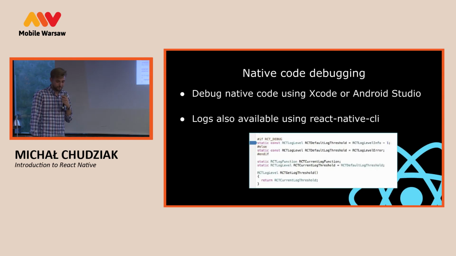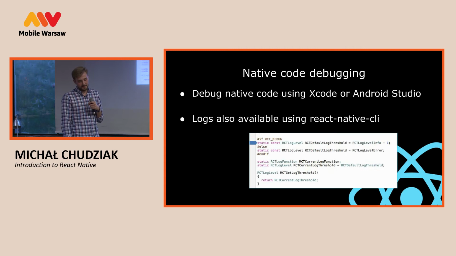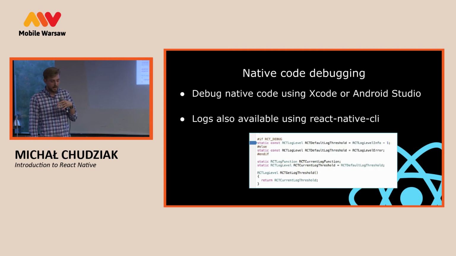So like I said, sometimes you have to debug the native code. So this is where actually you have to run your Xcode or Android Studio, or actually you can see the logs using React Native CLI, but they are not very readable compared to the ones from Android Studio or Xcode.